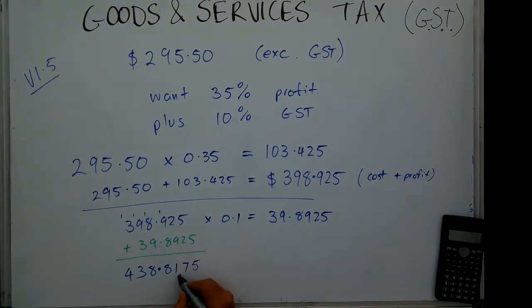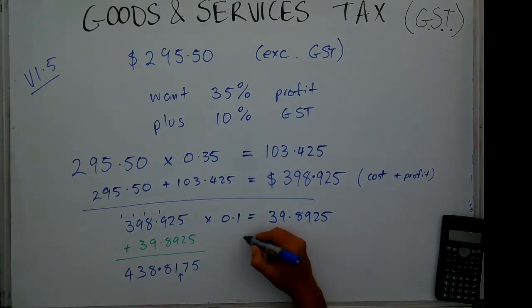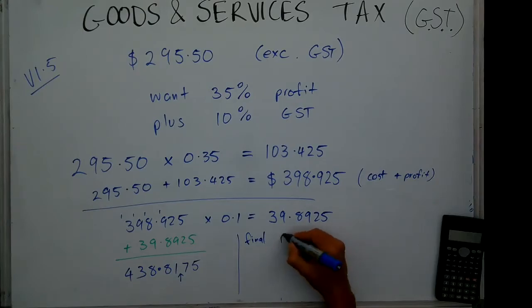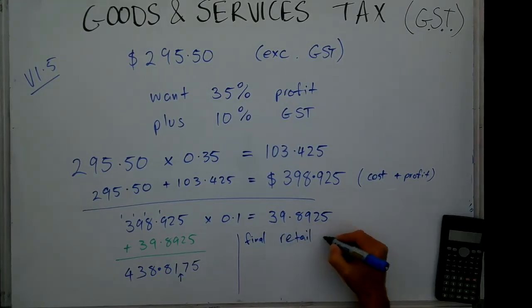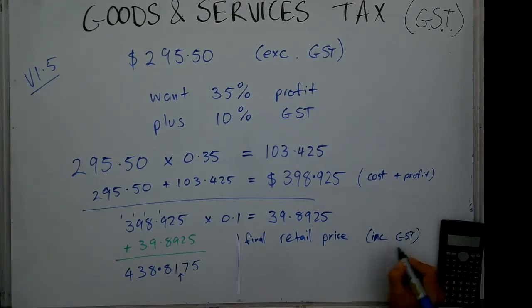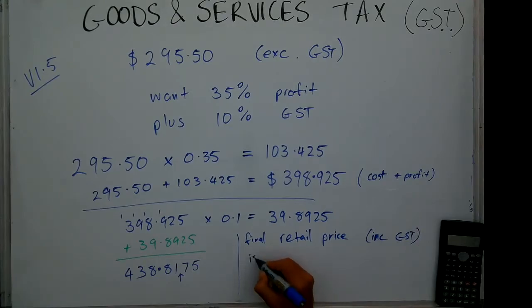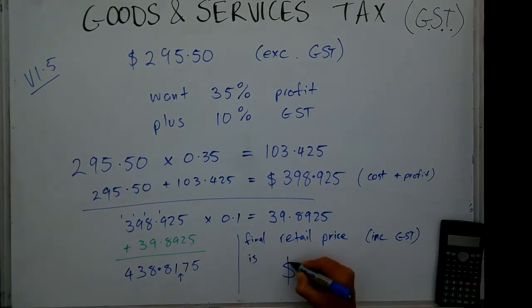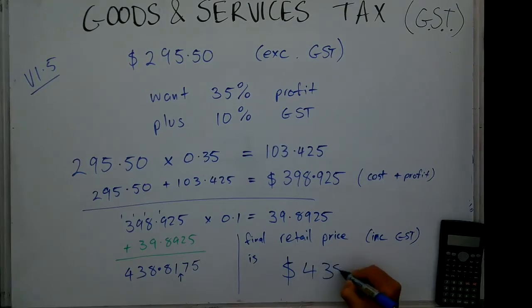I'm going to cut it off there, which means that 1 will go up to a 2. So our final retail price, which includes GST, is $438.82.